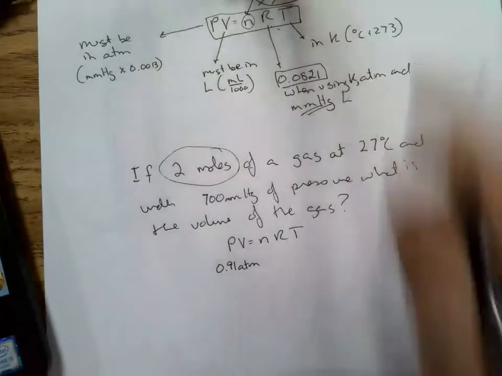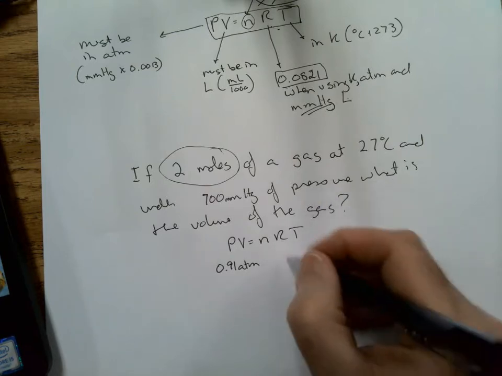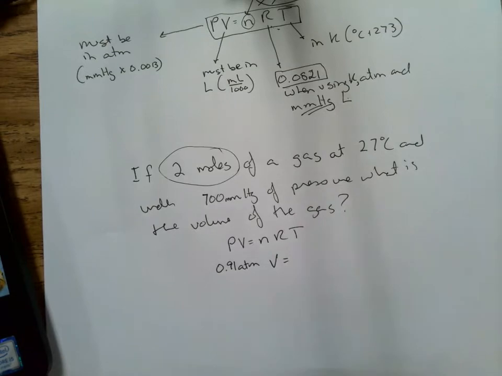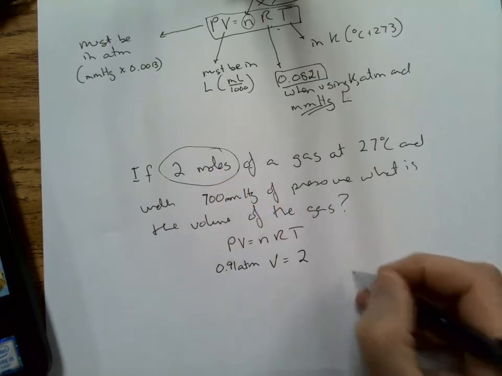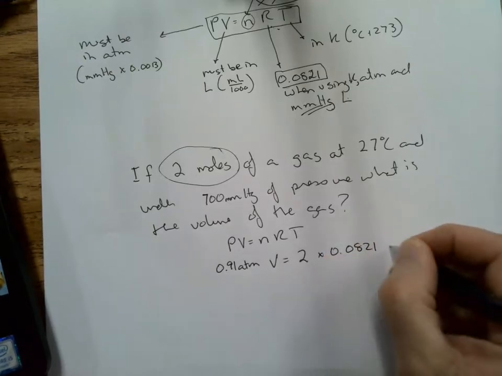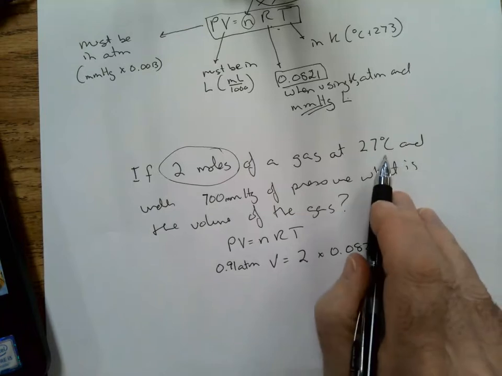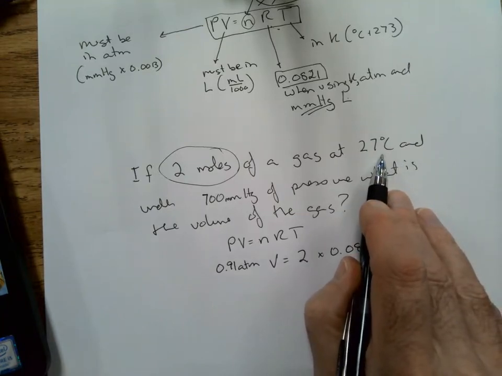Let's take a look at our volume. Our volume must be in liters. So it's asking us for our volume, so that's what we're going to figure out. We have 2 moles, so we put 2 in. R is always 0.0821, and our temperature must be in Kelvin, so we have to add 273 to this.